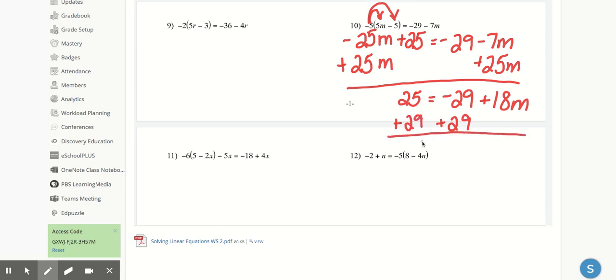When I do that, I have 54 equals 18m. And then again, that 18 is multiplied by the m, so I can divide both sides by 18. So 54 divided by 18 will give me 3 equals m.